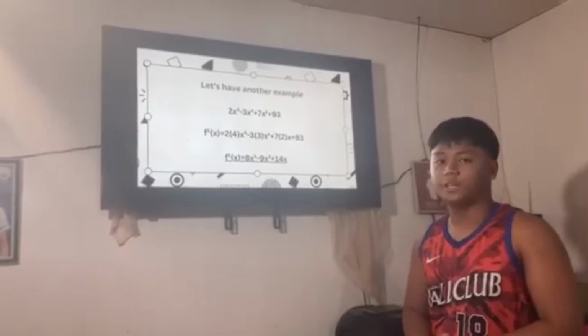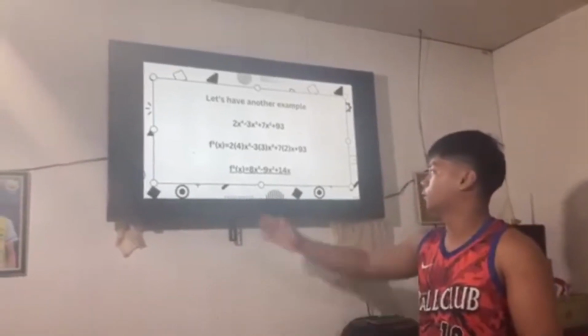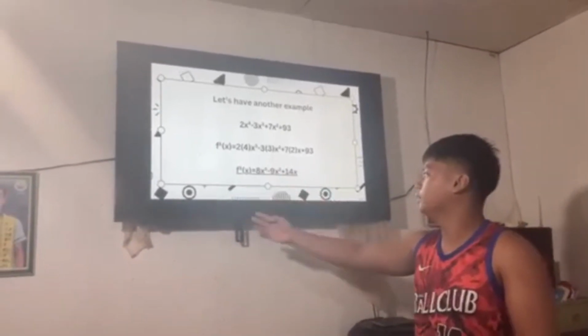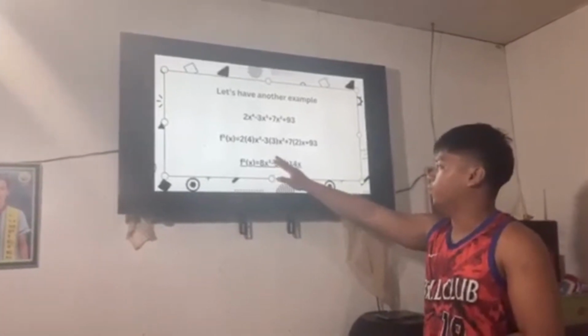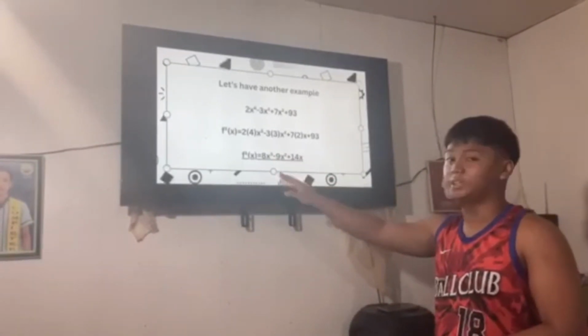And after that we simplify. So we multiply 2 times 4, it's 8, copy the variables and the exponents and so on.